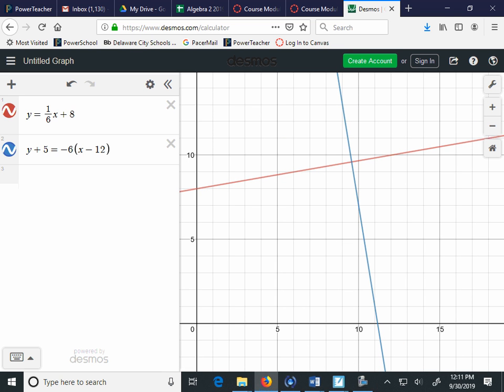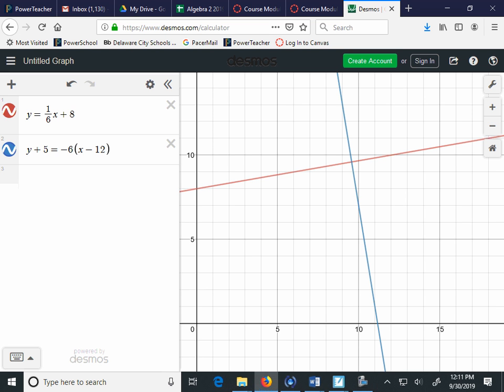When they intersect, because they're perpendicular, what kind of angles do they have to form? A right angle. So use that paper trick. If you put the paper in the corner, it should fit nice and neat with those lines. So we'll have the red line going along one edge, the blue line going along the other edge of the paper. That's how you can tell if they're perpendicular.